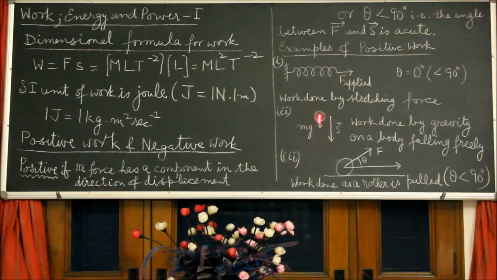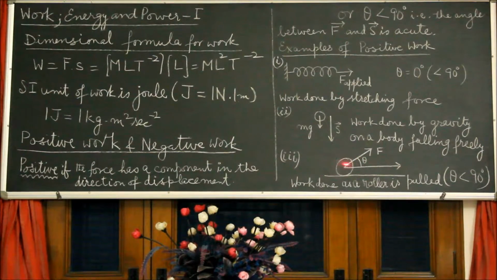For a body falling freely, the force of gravity is downward and the displacement is also downward. Therefore in this case again theta is 0 or acute, and the work done by gravity on a body falling freely is also positive.